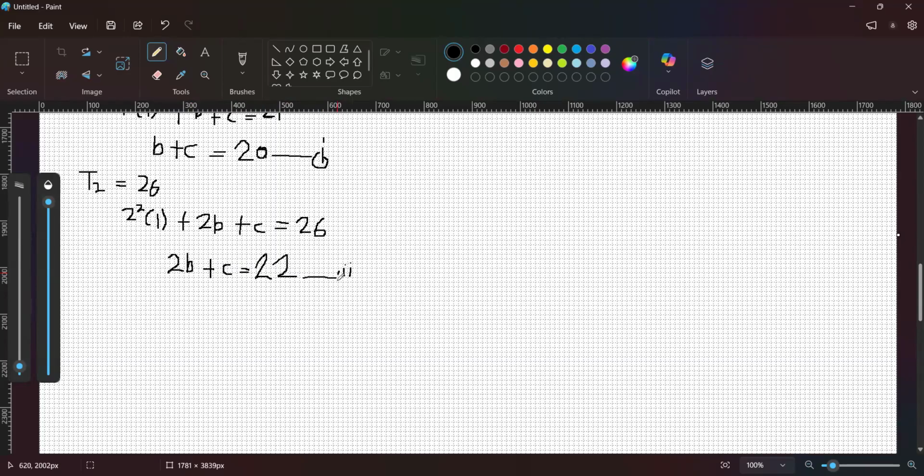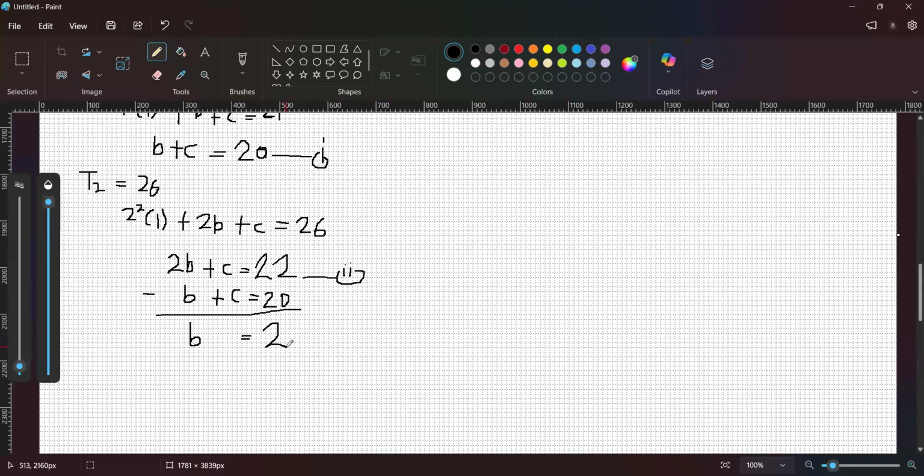So the elimination method, single elimination method, lends itself nicely to this one, especially where the coefficient of C is the same thing. We'll simply subtract. And what will we have? 2b minus b is b. 22 minus 20 is 2.